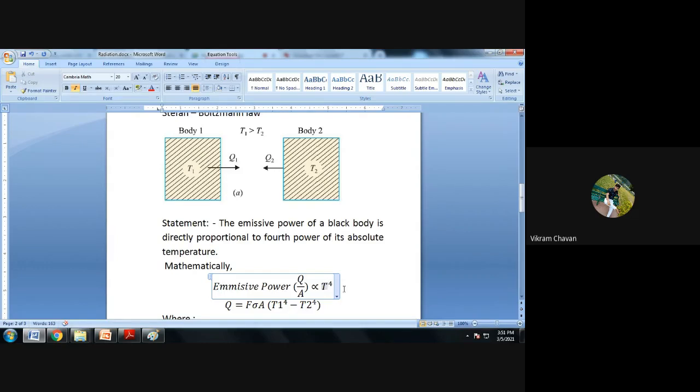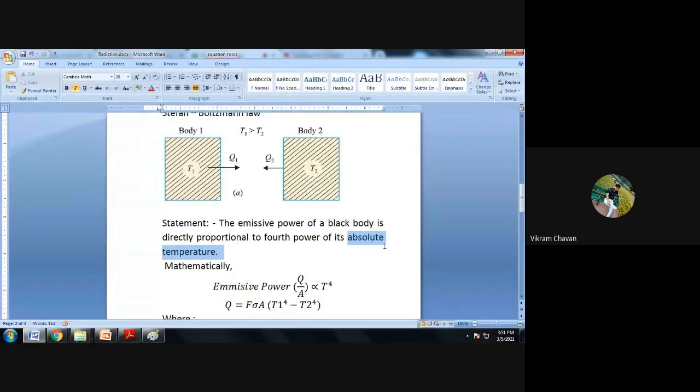Always remember, when we are dealing with radiation, take the temperature in Kelvin, because here we are dealing with the fourth power of temperature. There will be a difference in the quantity if you take degrees Celsius instead of Kelvin. So for that reason, it is directly mentioned in the law.